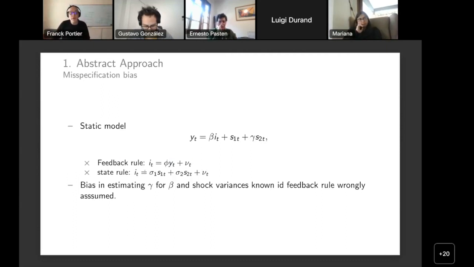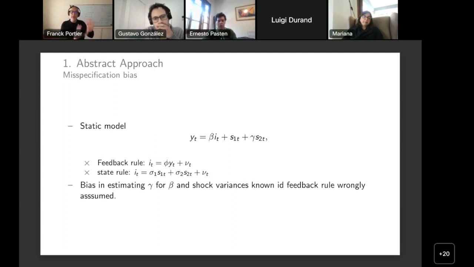So if the truth is this and I assume that, it's misspecified. I forgot to include, say, the price of oil in the reaction function of the central bank, and then I'm toast. I'm going to get something biased. It's a bit obvious, so you can compute the bias, but it may be important, and I'll show in big models and in small ones that it's a big concern.